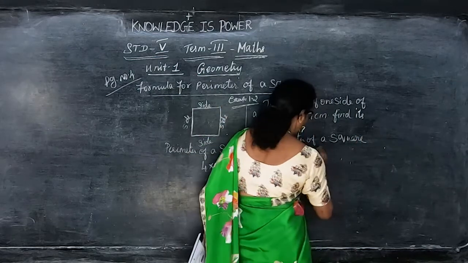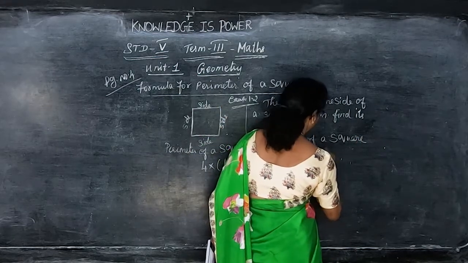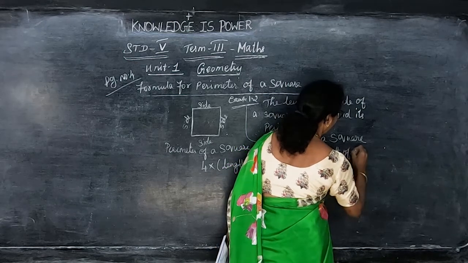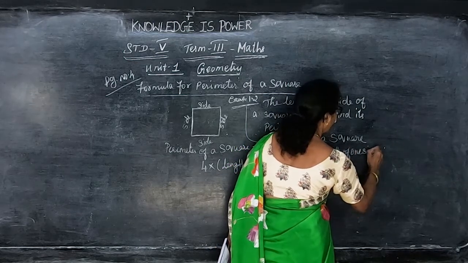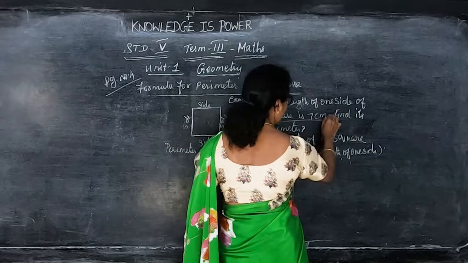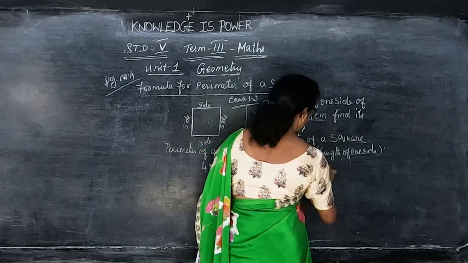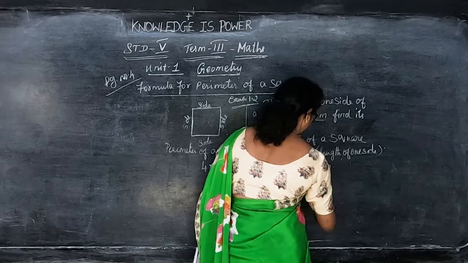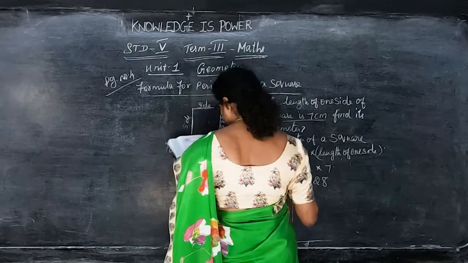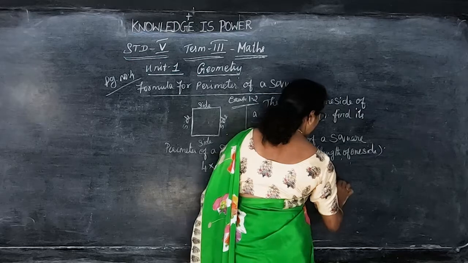The length of one side is given in the question, 7 centimeters. So you can write 4 into 7, that is equal to 4 7s are 28. So answer is 28 centimeter.